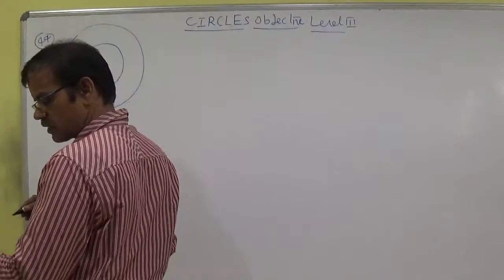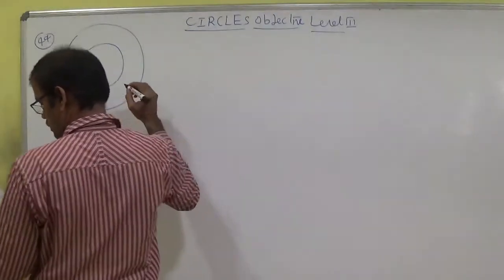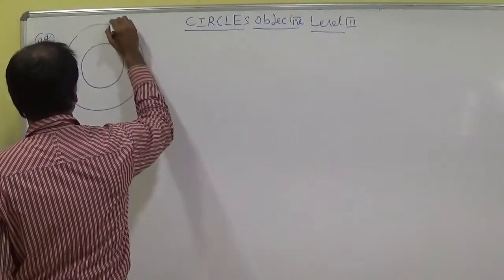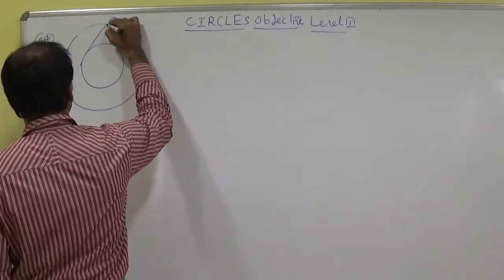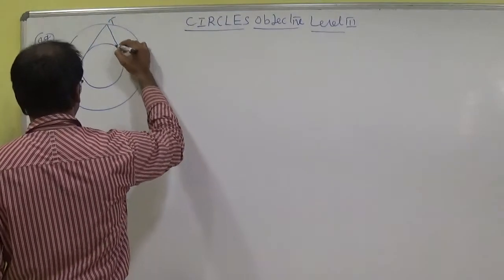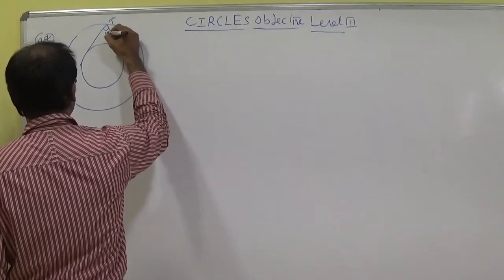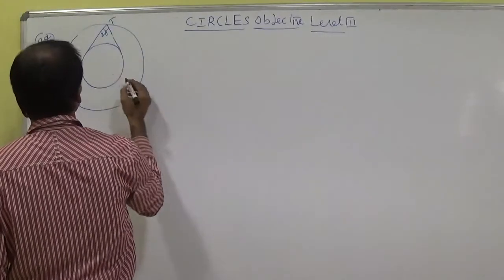The angle between the pair of tangents drawn from a point T on the circle. This is the T you take. From the point T, this angle is 2 theta, to this circle.